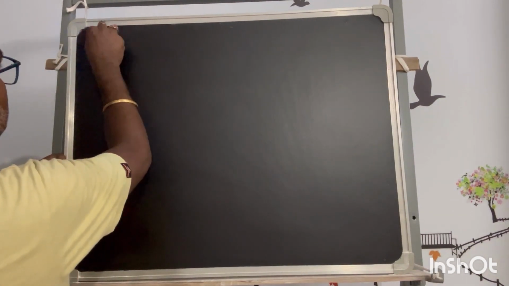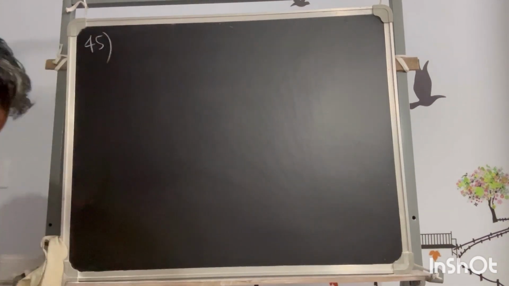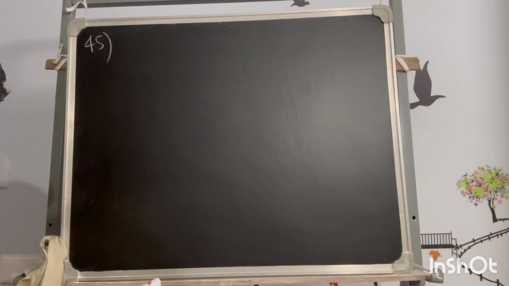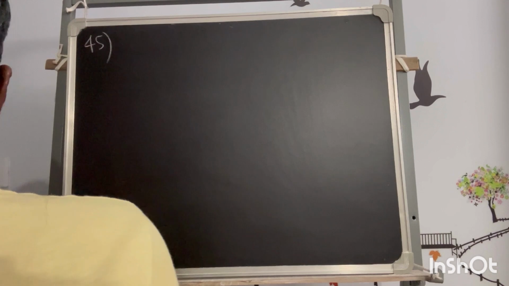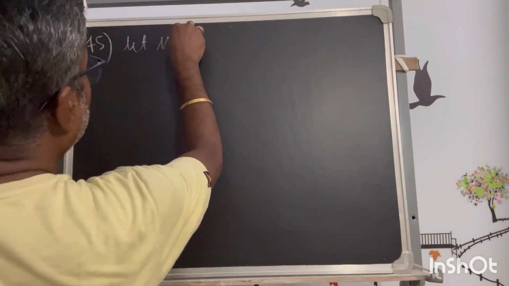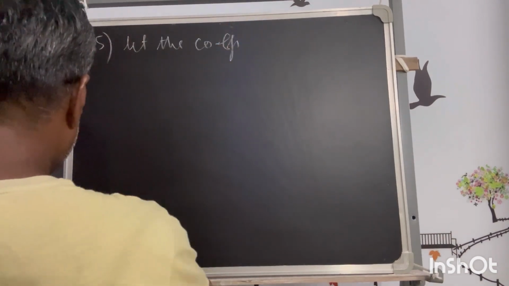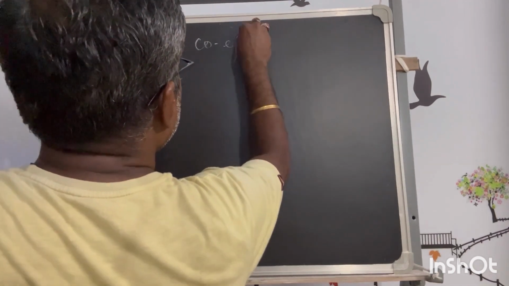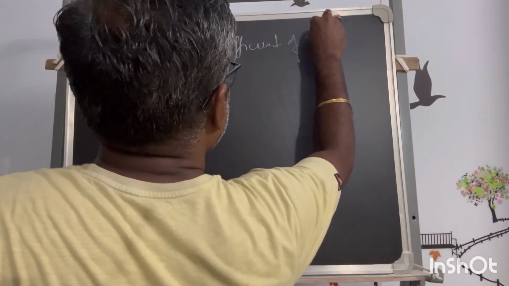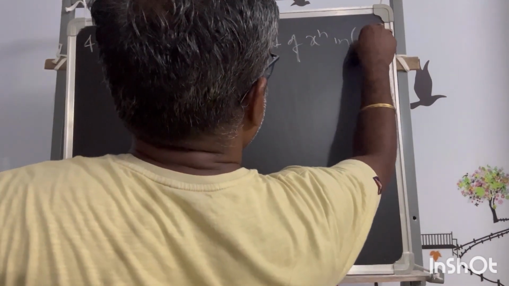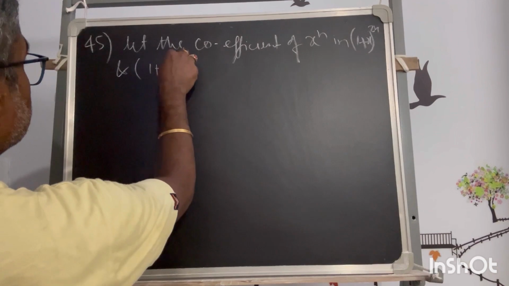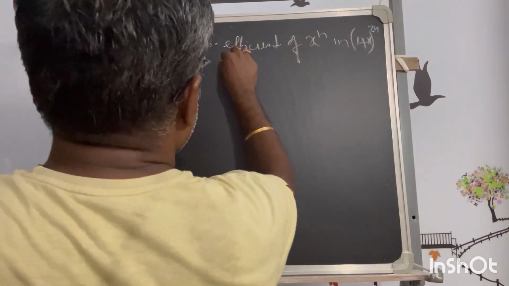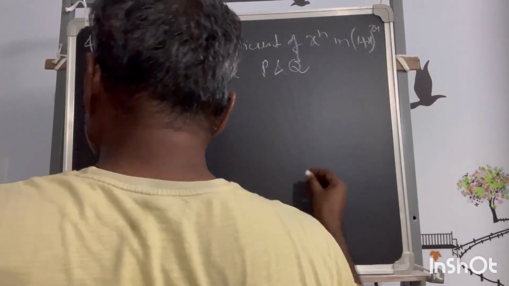Now 45. Let the coefficients of x to the power n in (1 plus x) whole to the power 2n and (1 plus x) whole to the power 2n minus 1 be p and q respectively.